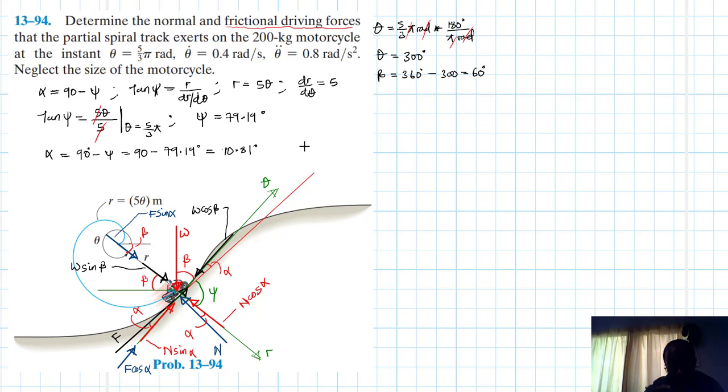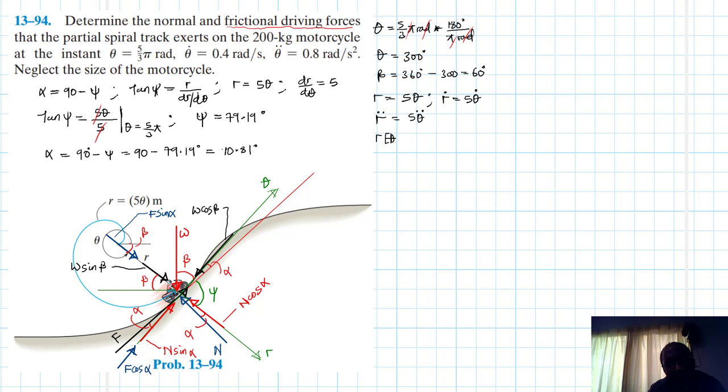Great. So now let's work out the inputs to the acceleration before we apply the equations of motion. I'll say my r is equal to 5 theta, and therefore my r dot is 5 theta dot. My r double dot is equal to 5 theta double dot. Okay, let's find these values.